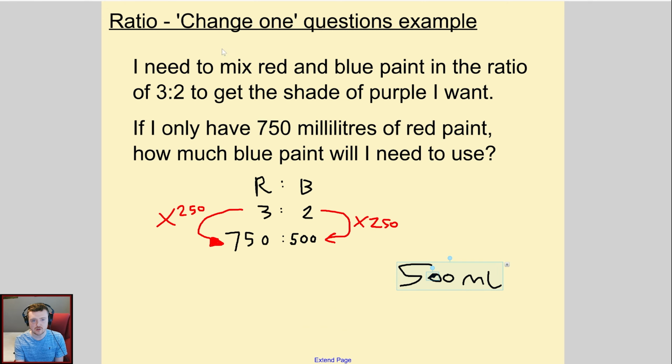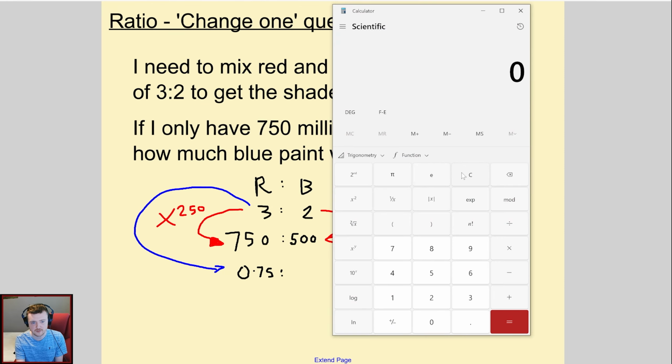Okay, just as an example of the same question but worded in a different way. If they said they'd used 0.75 litres of red paint, okay, so 0.75 litres instead, I can start exactly the same. And I can say, okay, well, from 3 down to 0.75, I'm dividing by something. I'm not sure what I've divided by.